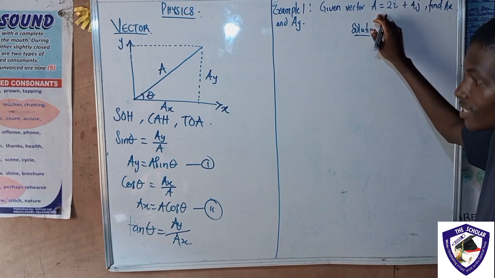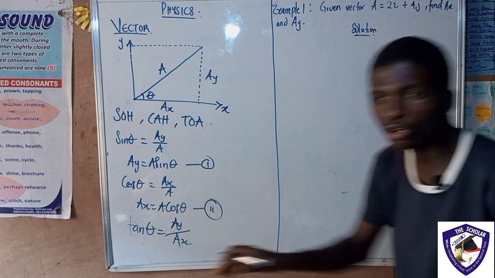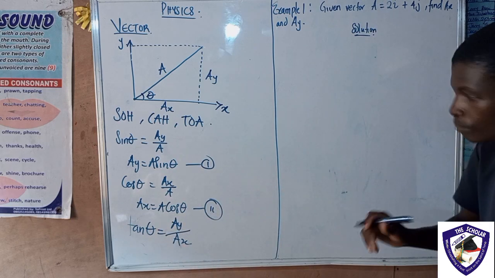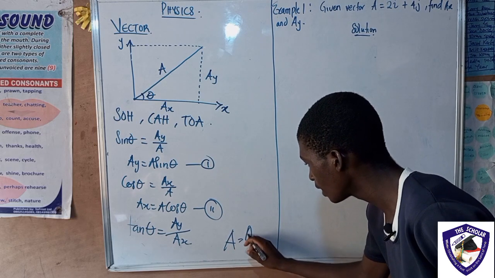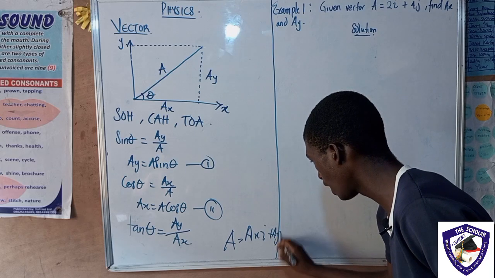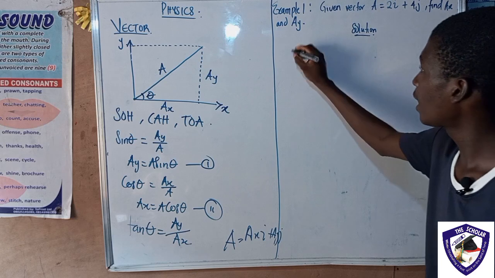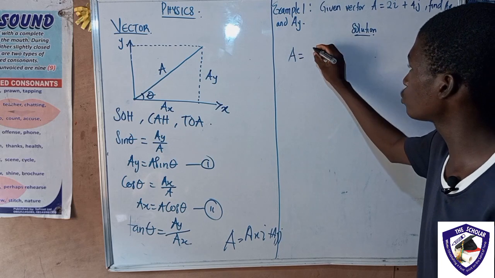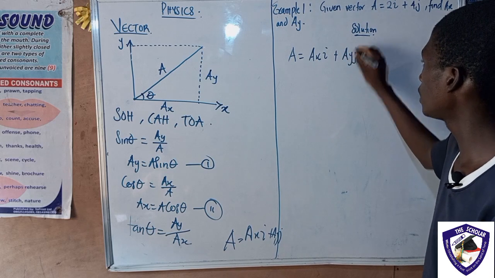AX simply means A cos theta, but I don't need to start writing that because A has a general formula: AXi plus AYj. That means A is AXi plus AYj.